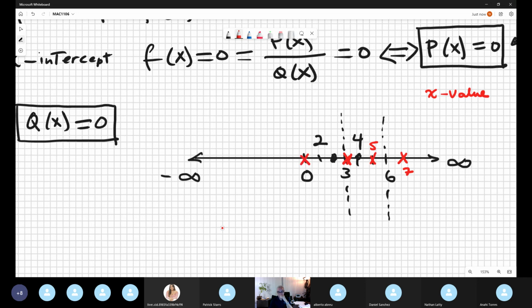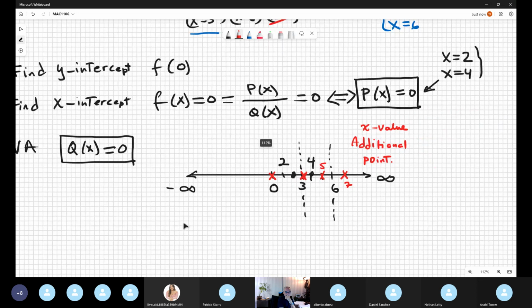I like 0 so much. So to answer the question, in this problem you need at least 1, 2, 3, 4 additional points to make a decent graph. Okay, and you see how I solved that.